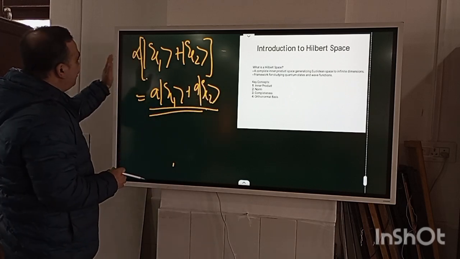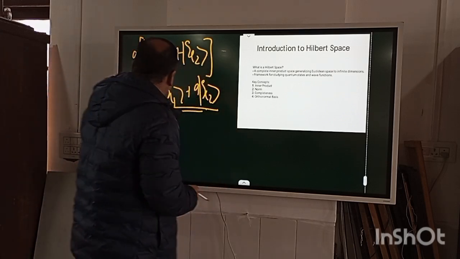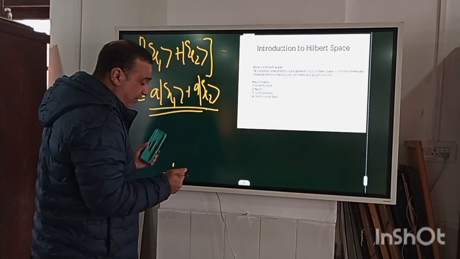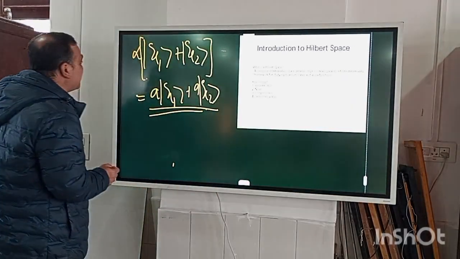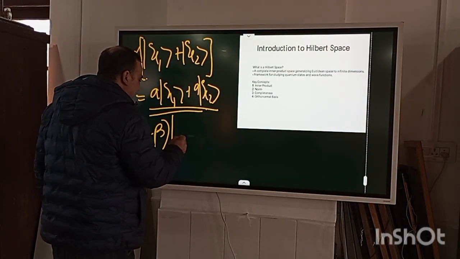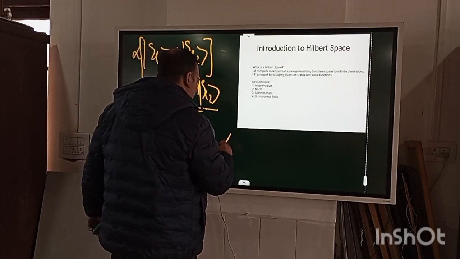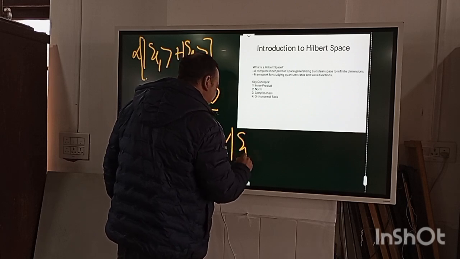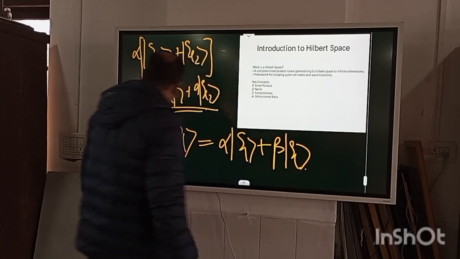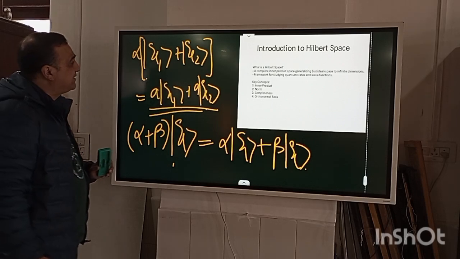So you can individually associate these scalars with these state vectors. This kind of rule should be obeyed by the mathematical framework that you are leading towards the Hilbert space. Or if you have alpha plus beta multiplying a state vector zeta, you should be able to distribute them as alpha zeta plus beta zeta. So this is giving us the distribution of the scalars with the state vector.